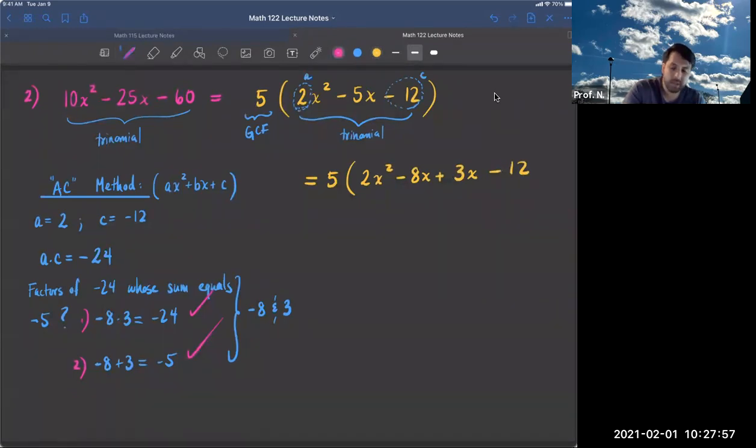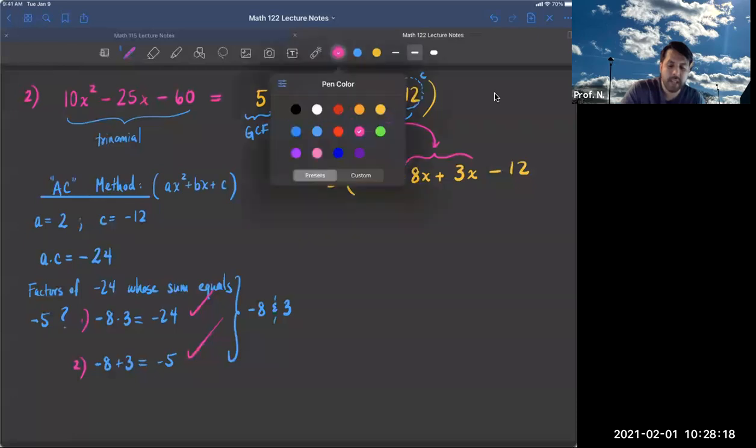So let me highlight this. This guy here, negative 5x, becomes negative 8x plus 3x. So then you're like, wait a minute, we just made this more complicated because now we have 4 terms instead of 3 terms. What are you doing, right? But actually, this helps us a lot.